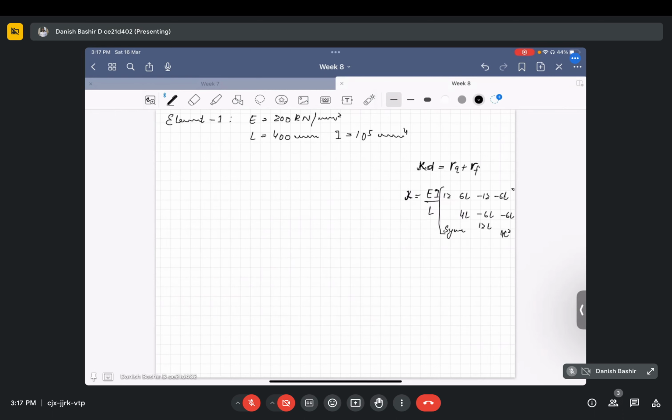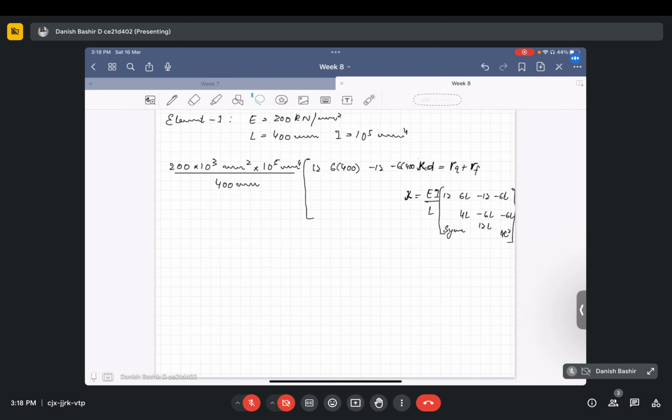If you use this equation, then we put the E value as 200 into 10 to the power 3 Newton per mm square, I as 10 to the power 5 mm to the power 4, and L as 400 mm. We incorporate all these values into this equation, putting the different values of 12, 6 into 400, minus 12, minus 6 into 400, and so on.